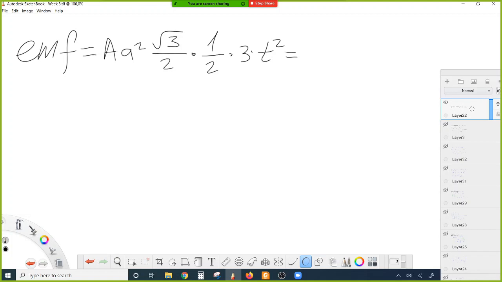And the numeric value of electromotive force. So let me rearrange it once more.